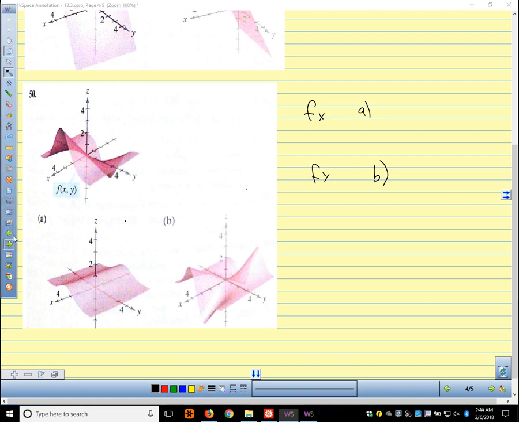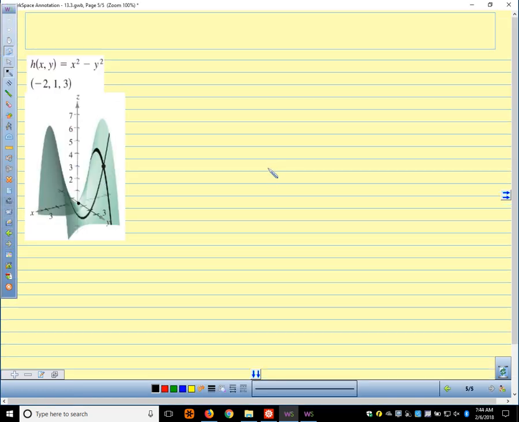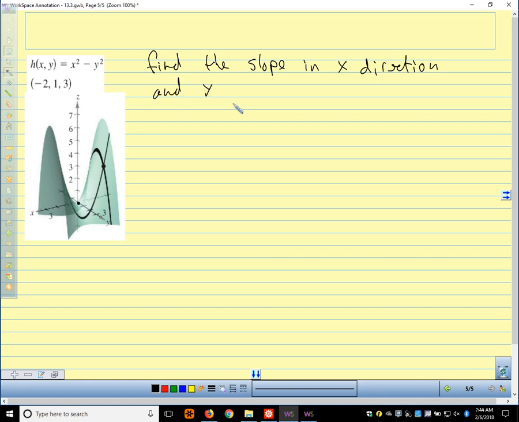For this next one, we want to find the slope in the x direction and y direction at the point.